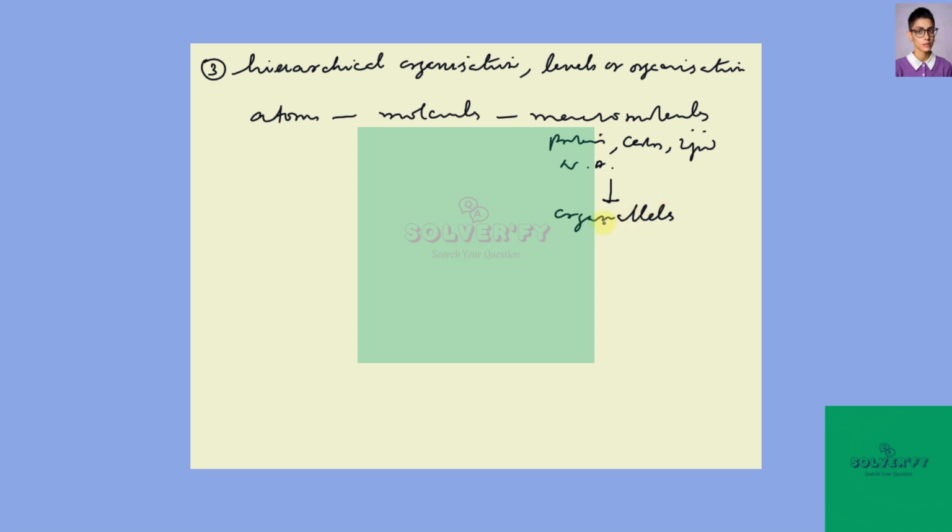And the cells, in turn, are the basic units of life, and can combine to form tissues, which in turn combine to form organs, and organs work together in an organ system.